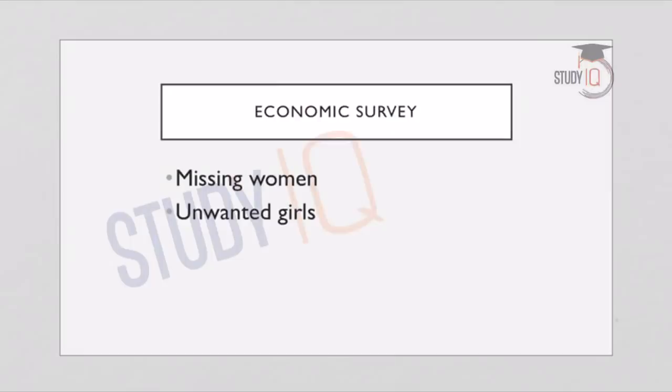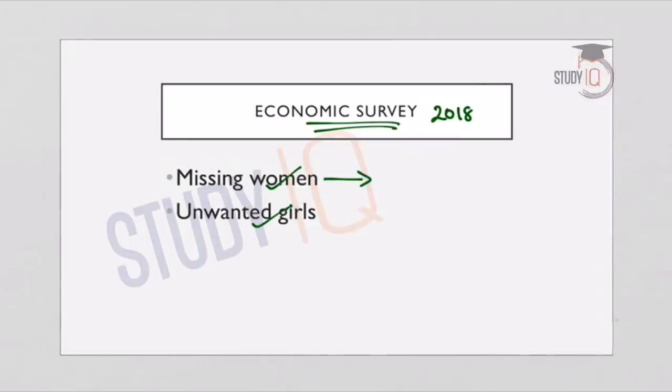Now coming to the Economic Survey 2018, the Economic Survey mentions two important terms. One is missing women and the second one is unwanted girls. So what is missing women? Missing women refers to those who have undergone sex selective abortions, those fetuses that were aborted from the mother's womb, and it accounts for 63 million in India.